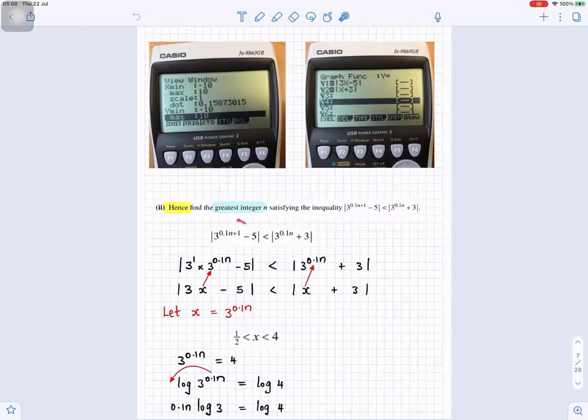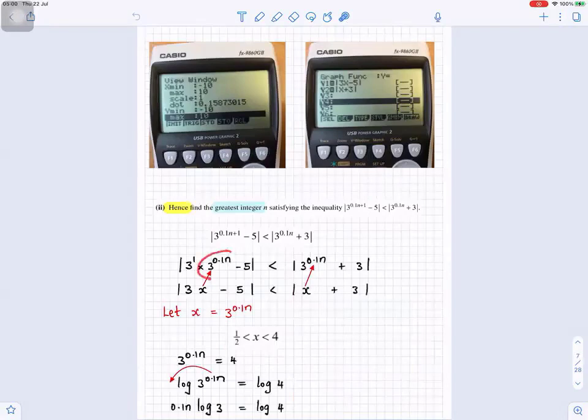So you can split this 3 to the power 0.1n plus 1 as 3 to the power 1 times 3 to the power 0.1n, minus 5 is less than 3 to the power 0.1n plus 3.